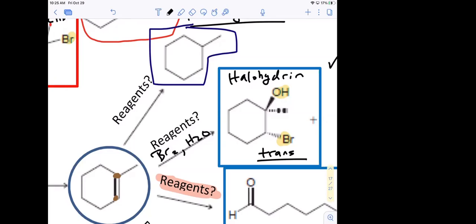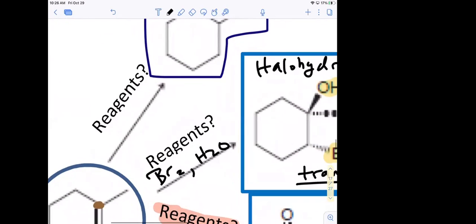So we talked about two methods for this. One method is, well, we know we have to use hydrogen gas. That's a given. But your catalyst can vary. There are actually lots and lots of catalysts for hydrogenation, but we've only talked about two. We talked about either platinum oxide or palladium on carbon.